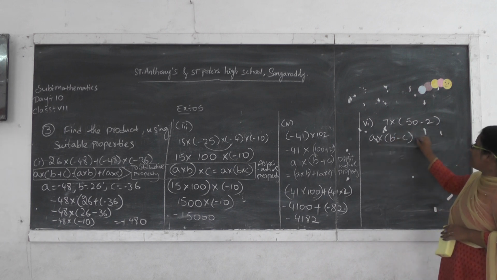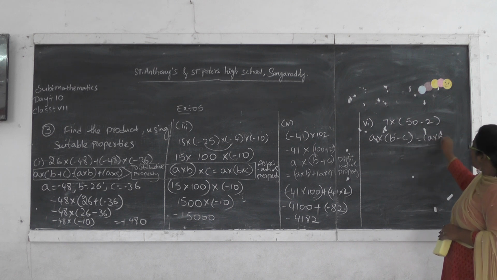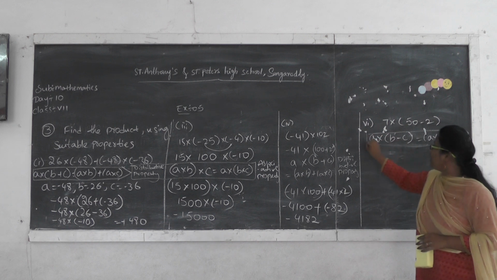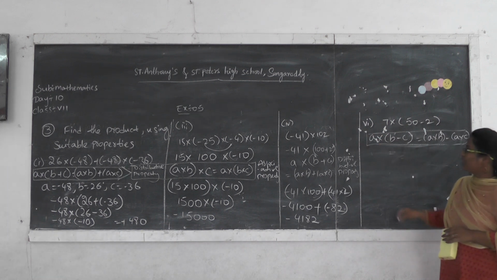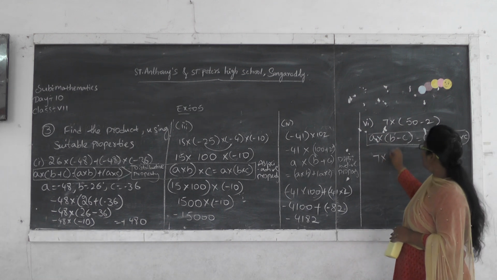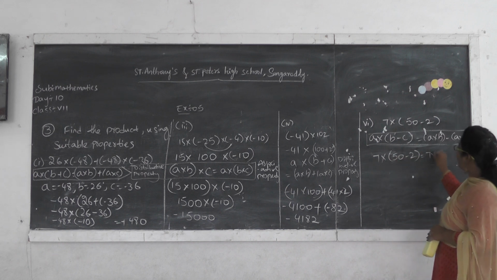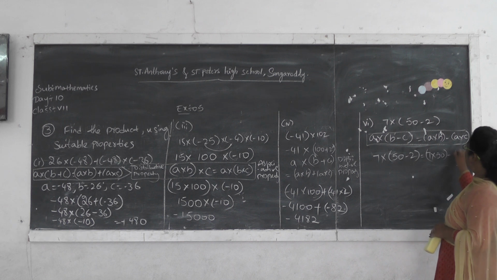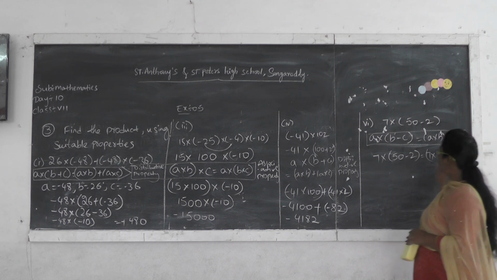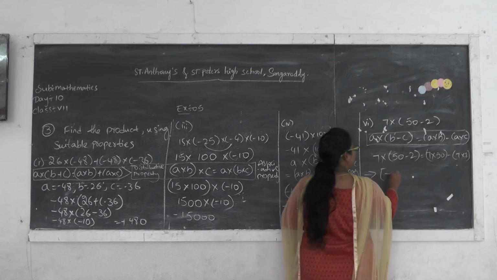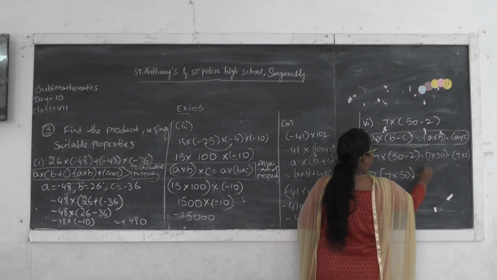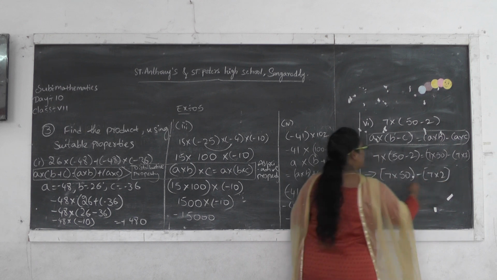A into B minus C is nothing but A into B minus A into C. This is the distributive property, multiplication over subtraction. So 7 into 50 minus 2 is nothing but 7 into 50 minus 7 into 2.